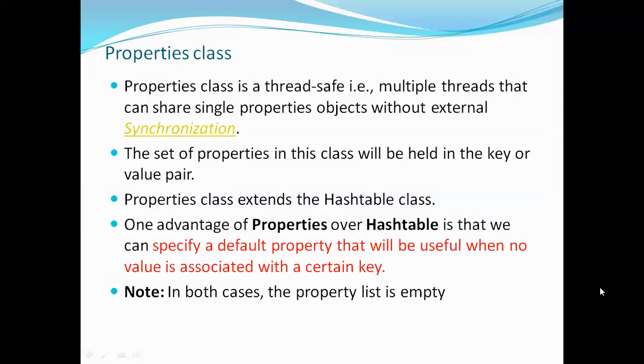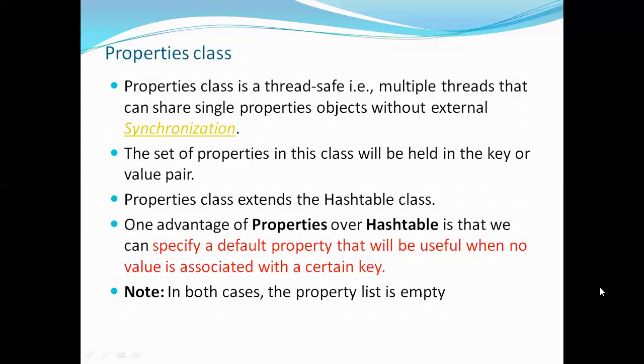Now, the next class we are discussing is the property class. Let's see what the property class is. The property class is used basically like a list. It is used for thread safety. That is, when multiple threads are executing, they can share data with a single property object without external synchronization. It means you need not specifically maintain synchronization if you are using properties.